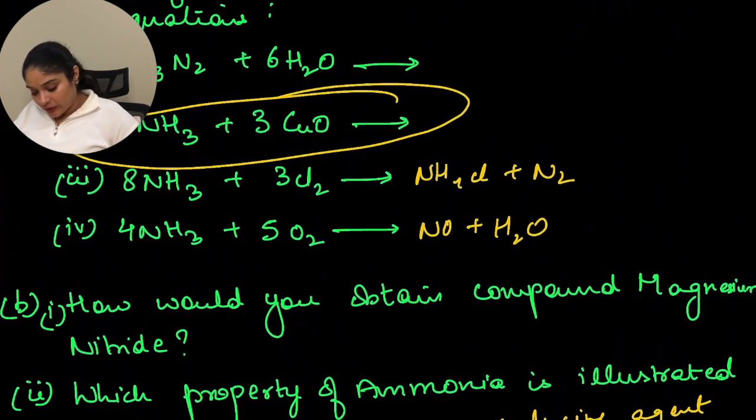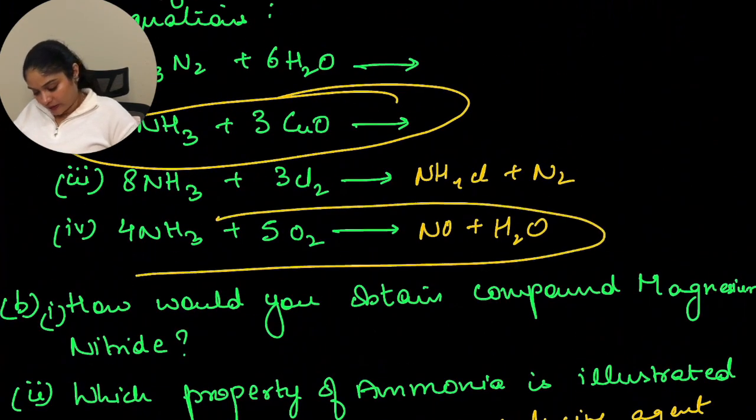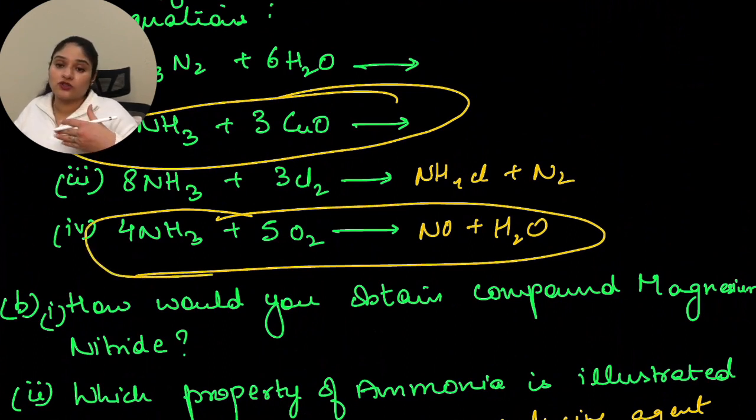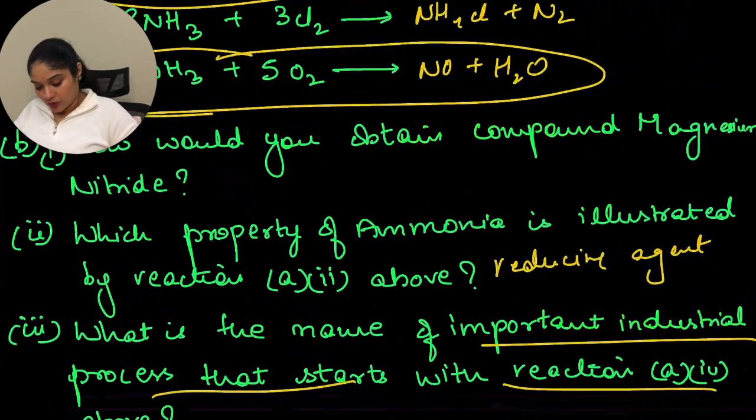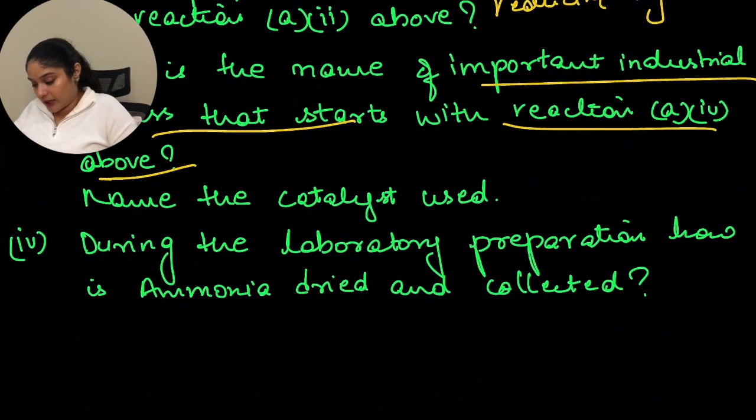So this particular reaction is the first step in the manufacturing of nitric acid, and the important process they are talking about is the Ostwald process. So that is the answer for that. They are asking to name the important industrial process that starts with this reaction above. So that is the Ostwald process, that is used for the manufacture of nitric acid.